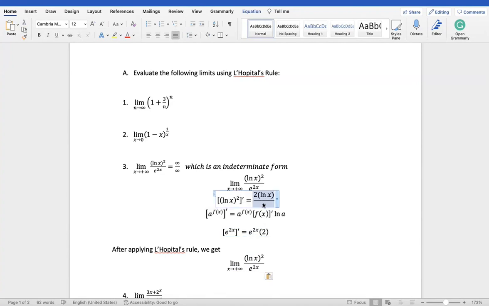Found it to be 2 ln x over x. So let's copy that and put it in our numerator here. And then in the denominator, the derivative of e to the 2x is e to the 2x multiplied by 2.